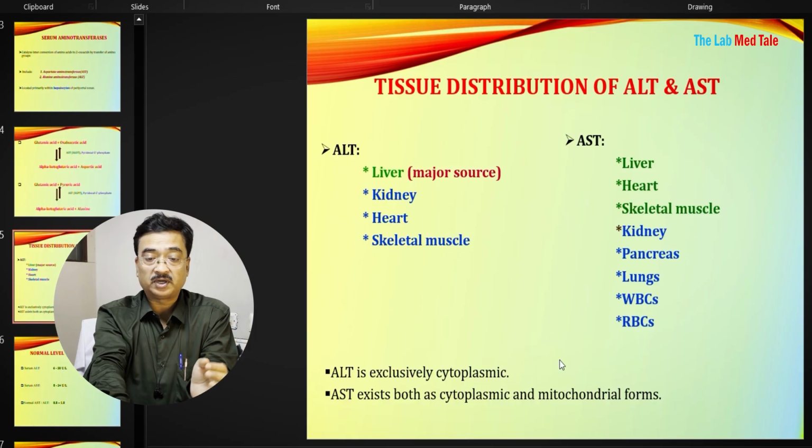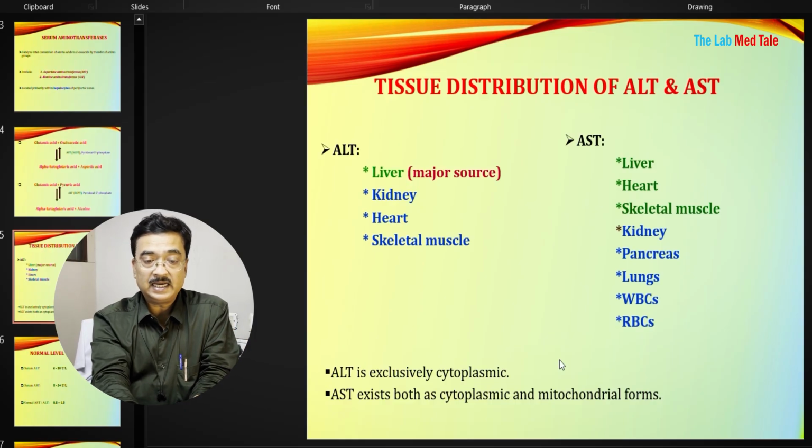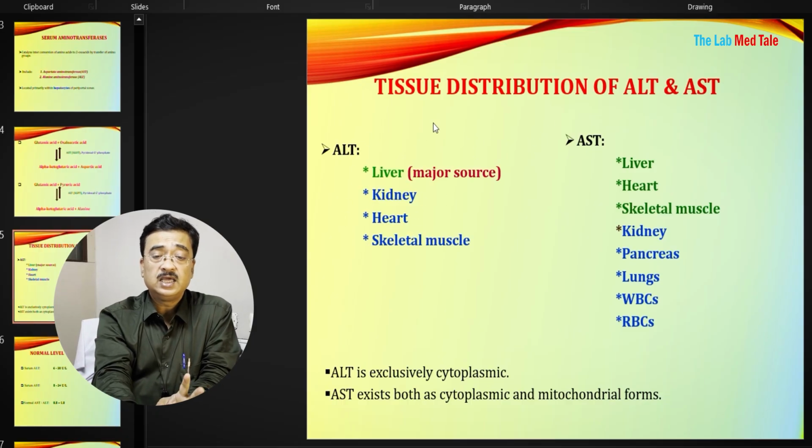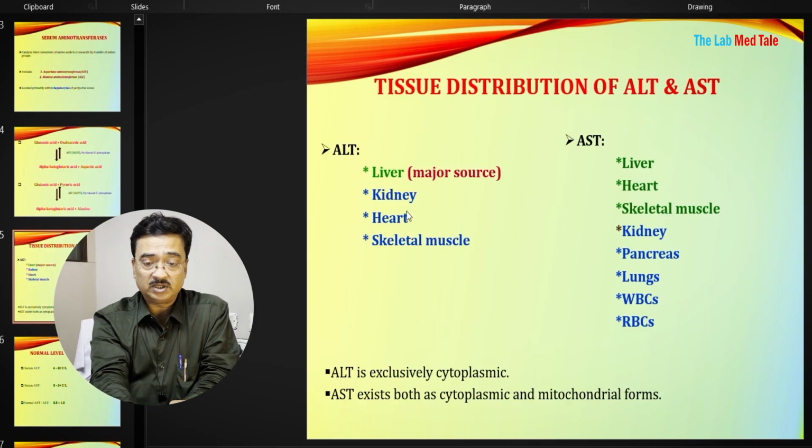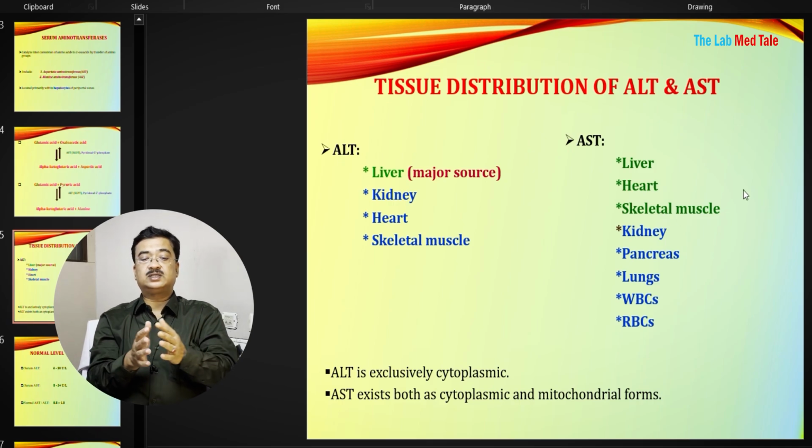Most important is tissue distribution. For ALT, the principal source is liver, so ALT is more specific for liver injury. But for AST, the principal sources are 3: liver, heart, and skeletal muscle. So any injury in liver, heart, or skeletal muscle can lead to a rise in AST.